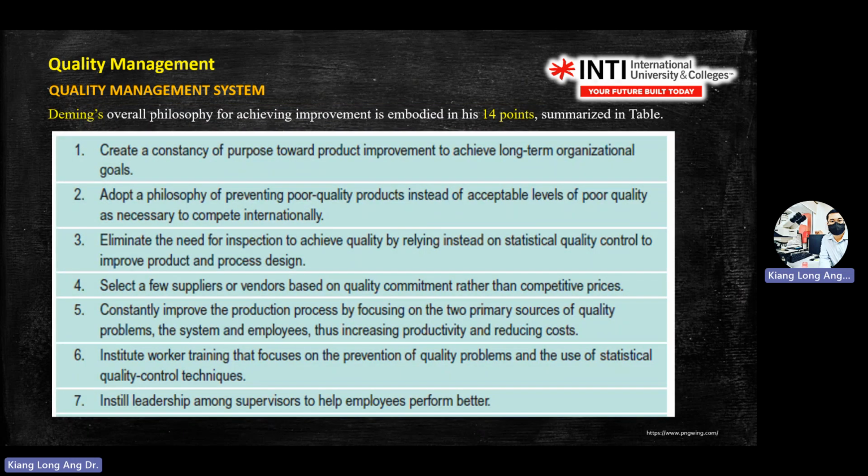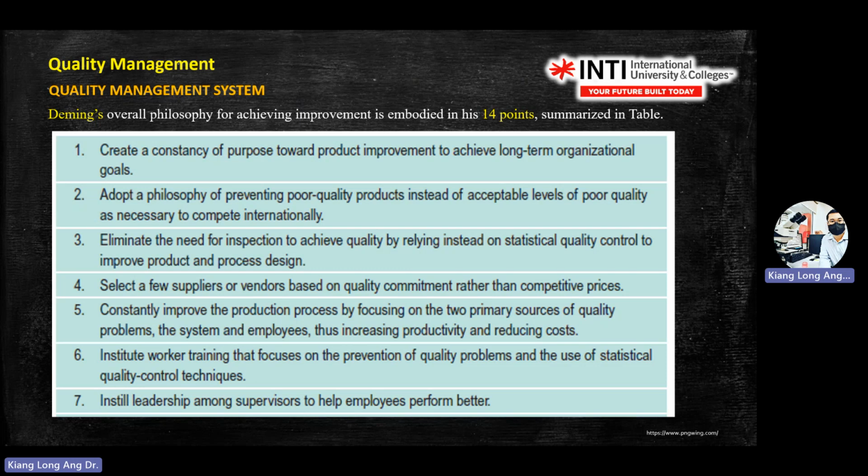Okay, so this guy called Deming has a famous 14-point philosophy, 14 points of quality achievement. For these 14, there's another slide. So 1 to 7 is the Deming philosophy.